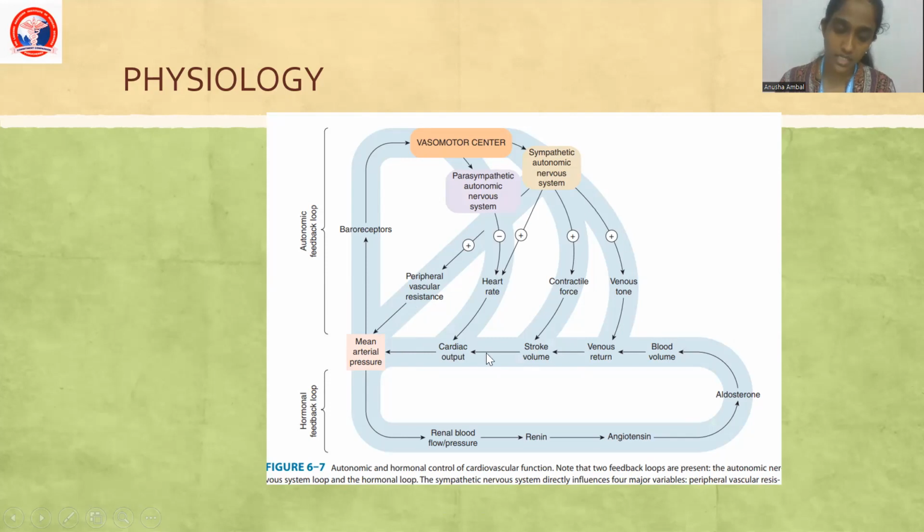This is one pathway, the baroreceptor pathway, or autonomic feedback loop. There is also a hormonal feedback loop, the renin-angiotensin-aldosterone pathway. Whenever our body is facing hypotension, blood flow is reduced to all the organs, and similarly renal blood flow will also decrease.